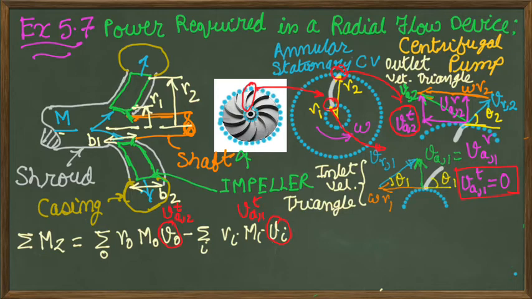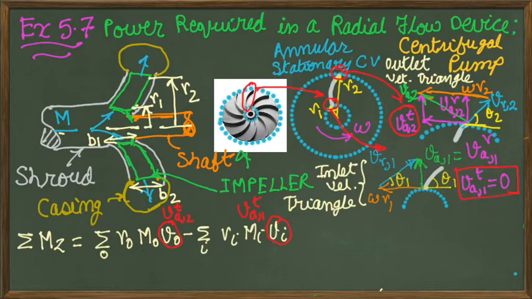In the linear momentum equation we considered linear momentum flow rate component by component: in the x direction we used sigma Fx with momentum flow rate in the x direction, and in the y direction we used sigma Fy with momentum flow rate in the y direction.